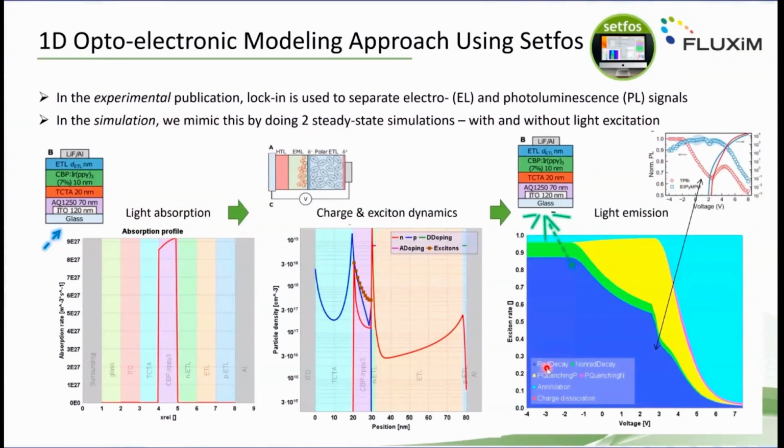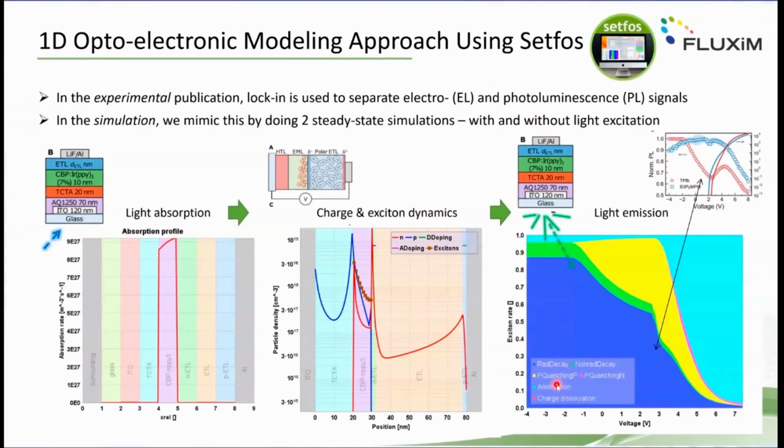We want to have radiative decay, but there's also a loss mechanism of non-radiative decay, which is here in green. And you see here what we observe is that the drop in radiative output can be attributed to this yellow loss mechanism, and the yellow loss mechanism is introduced by hole quenching of the excitons.